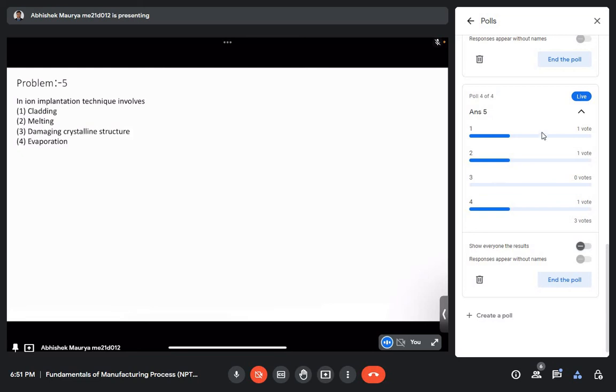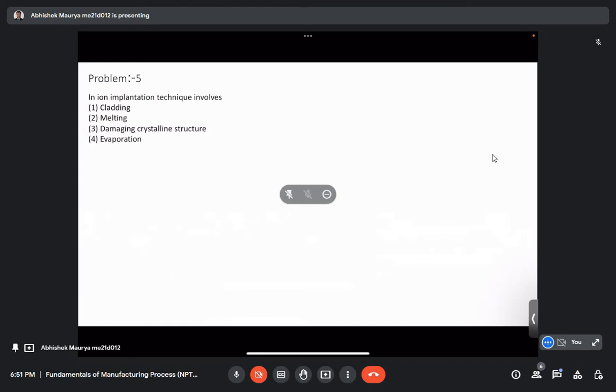Okay, I have got a mixed response, but sorry, none of you have got the correct answer. So let's discuss it together. What happens in the ion implantation technique?